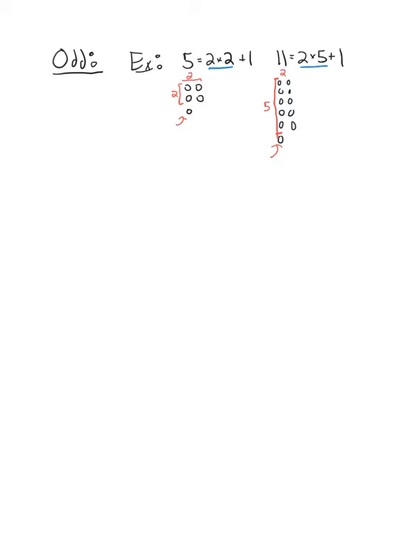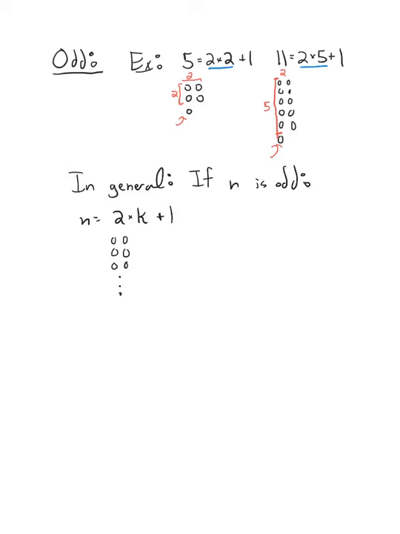So we can think of this as an even number plus 1, the even number below it plus 1. So in general, if n is odd, we can write n as 2 times some other number k, but with that extra 1 left over. So let me just draw a little diagram here to illustrate that.